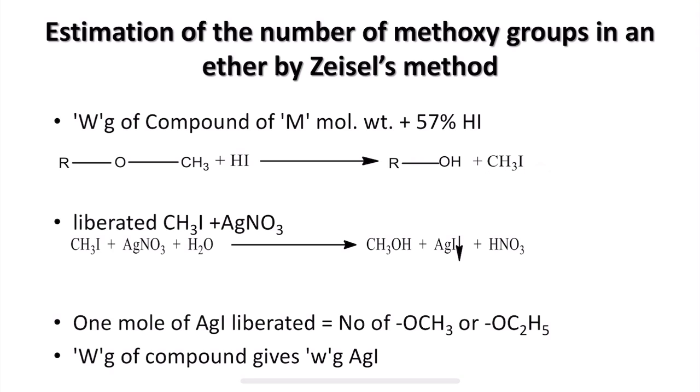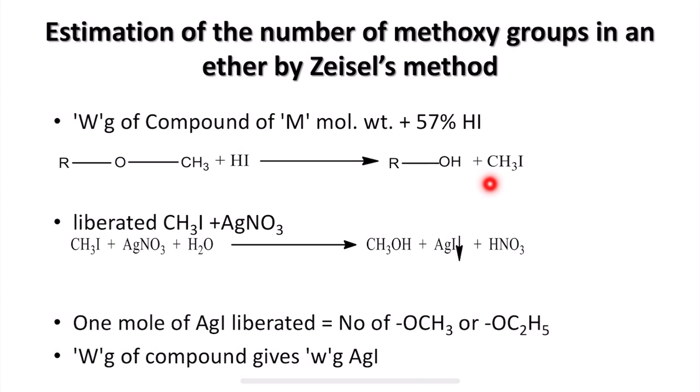The methyl iodide or ethyl iodide thus liberated is absorbed in an alcoholic silver nitrate solution. So what amount of methyl iodide or ethyl iodide is liberated during this reaction? When W gram of an ether compound of molecular weight m is treated with 57% hydrogen iodide, we are going to get alcohol, along with methyl iodide being liberated.